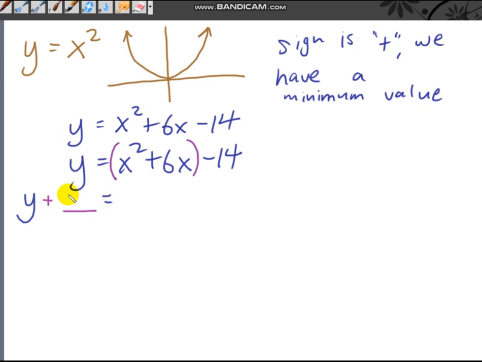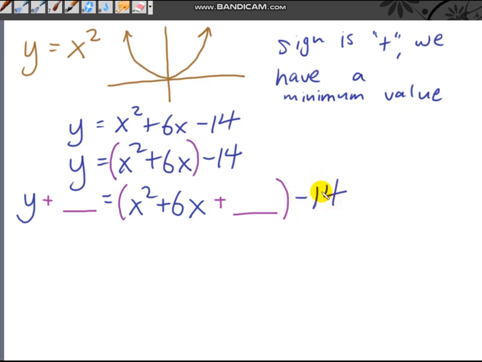We need to add blanks on the left-hand side. And then we have x squared plus 6x, and we need to figure out what goes in this blank here. Okay. And then we're going to subtract 14.